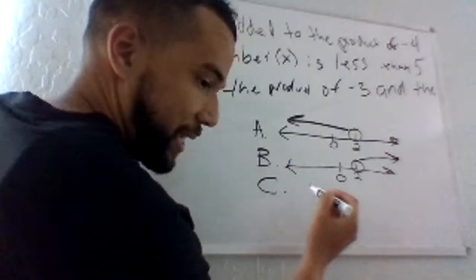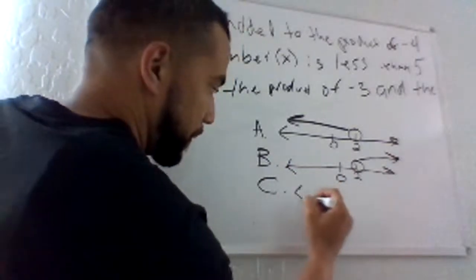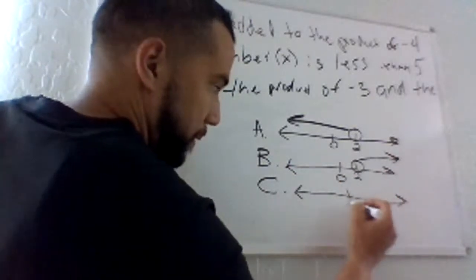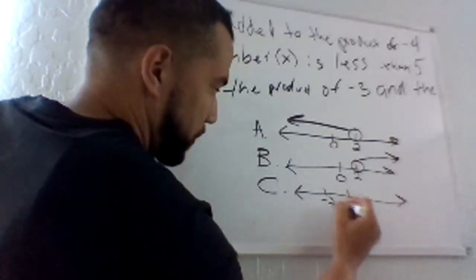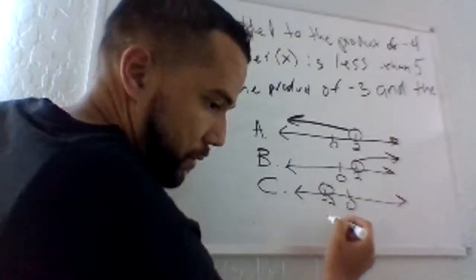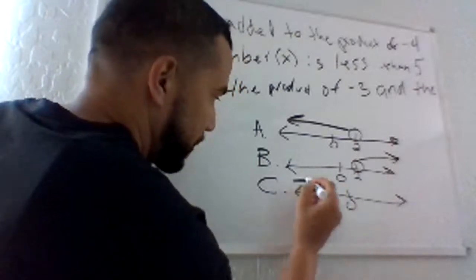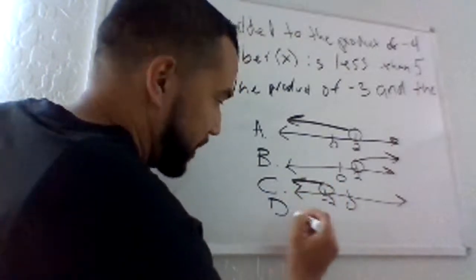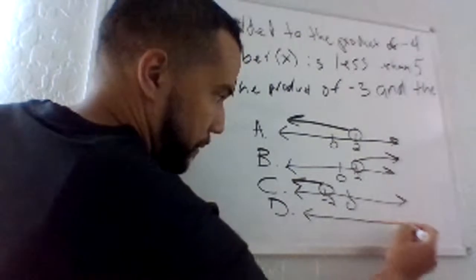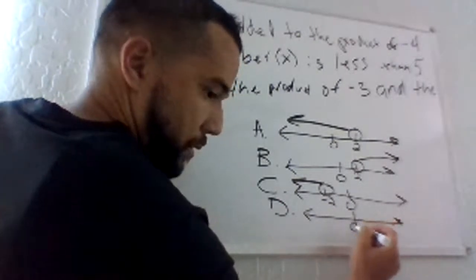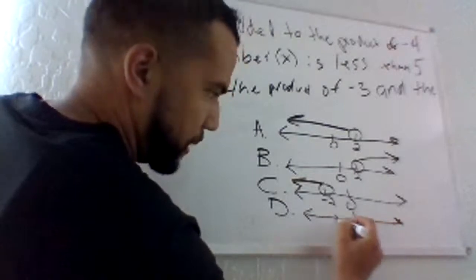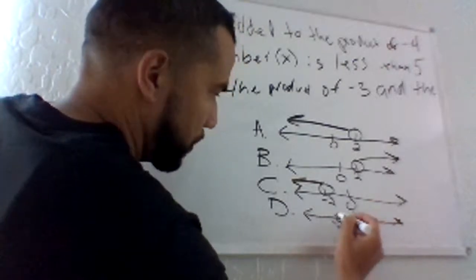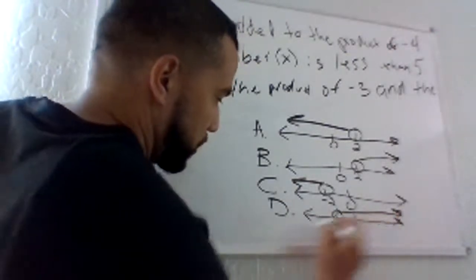Now we have C, -2 with an open circle to the left. We have D, which is -2 with an open circle to the right.